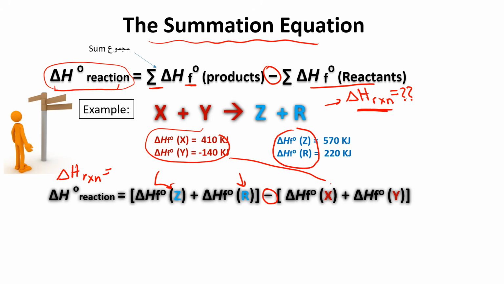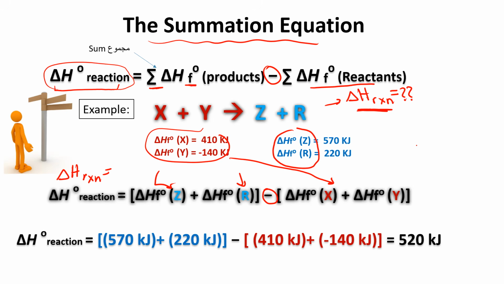So we use them here. So if we write the equation, it will be 570 plus 220 minus 410 plus minus 140, and we get our answer. And this is the delta H of this reaction. It's easier, way easier than Hess's law. Okay?